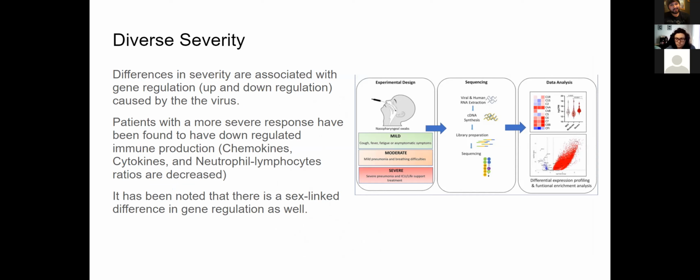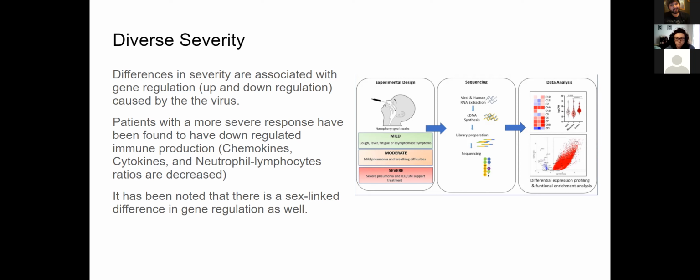So they were doing transcriptomics research of people who had very low, not mild, symptoms, and other people who had severe symptoms. They did a nasopharyngeal swab, and they sequenced these so they can find out what is actually happening inside your body.